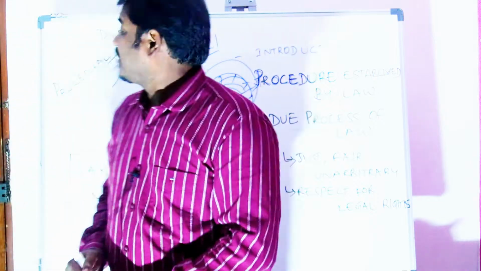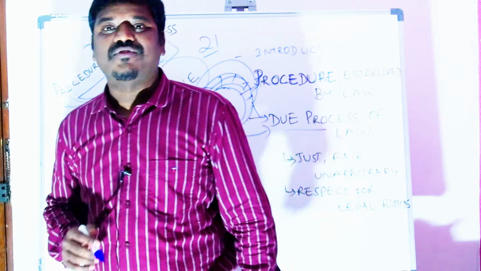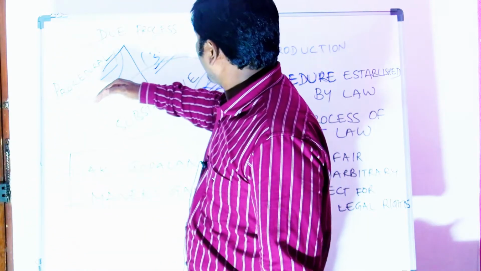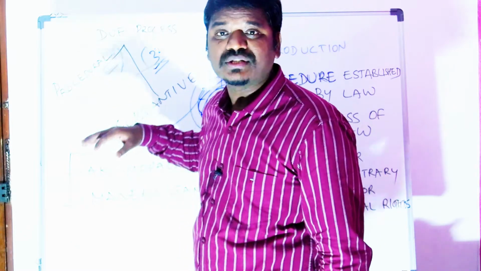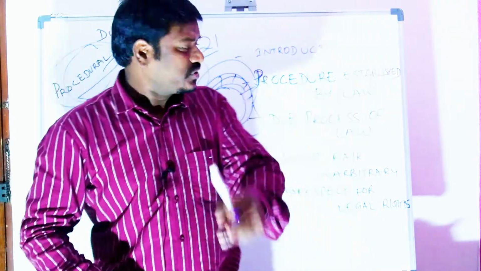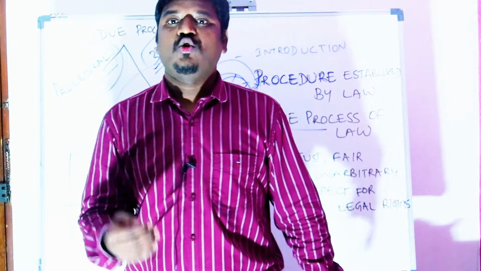There, substantive due process of law is followed in the United States of America. We follow procedural due process of law. We have explained these two terms. If the procedure is unjust, unfair, irrational, the court protects.